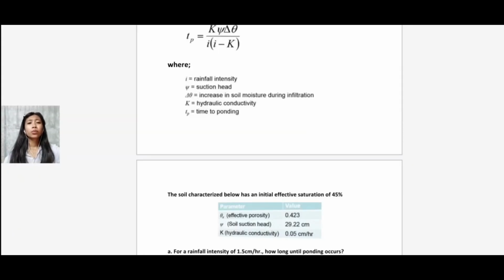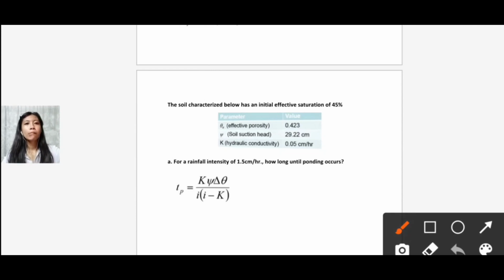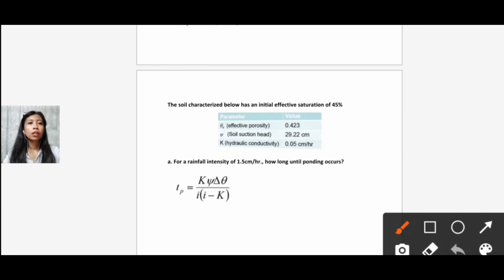So let us now work through an example. A certain soil with these characteristics, and also an initial effective saturation of 45%.